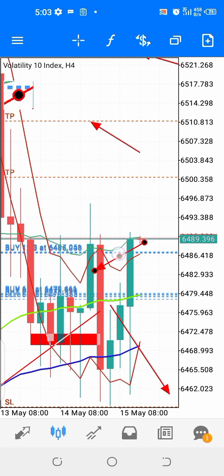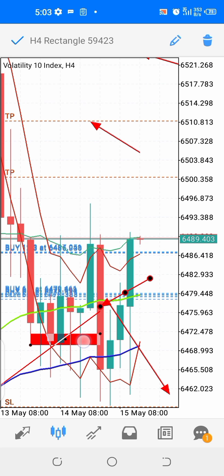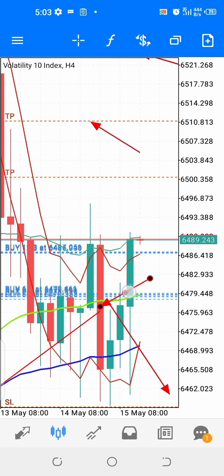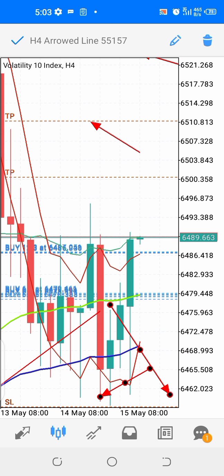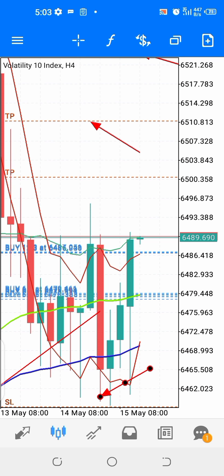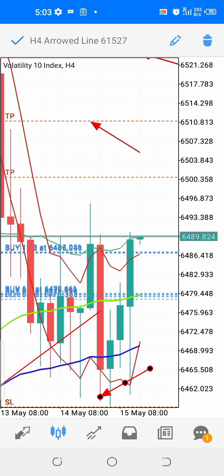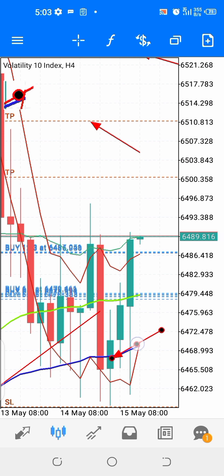So even if there was a stop loss hunt by this bold bearish candle, it wasn't able to touch my stop loss. The next candle also drew a wick down, trying to hunt stop losses.